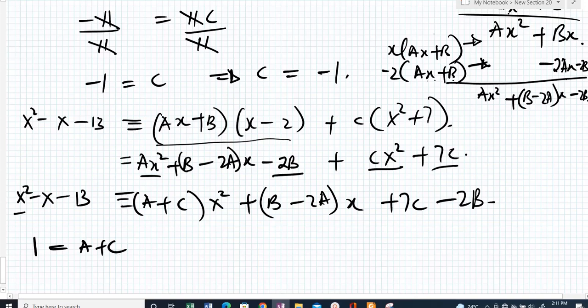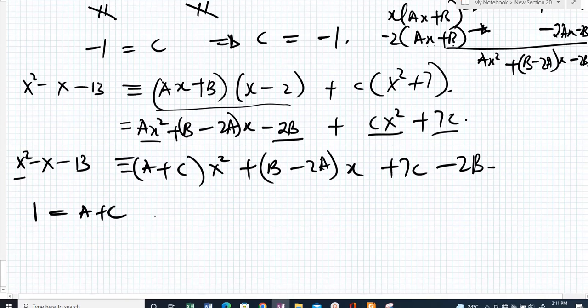We have c to be minus 1. C is equal to minus 1, so you have a minus 1, so it implies that a is equal to 2. Now this is for the coefficient of x squared.